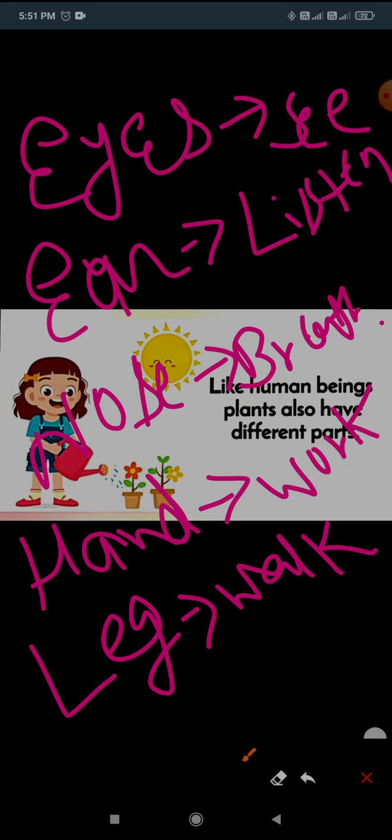So like we humans have different parts responsible for different types of work, in plants also these different parts are responsible for different types of work.